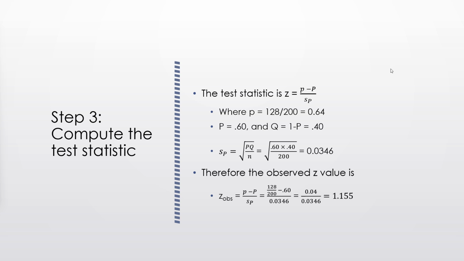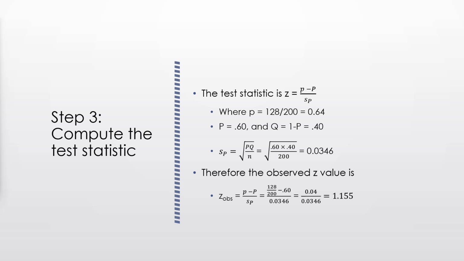The standard error of the proportion is calculated as the square root of the population proportion p times 1 minus p over the sample size n. Based on the sample information, we find that the square root of 0.6 times 0.4 over 200, which is 0.0346 for the standard error of the proportion.